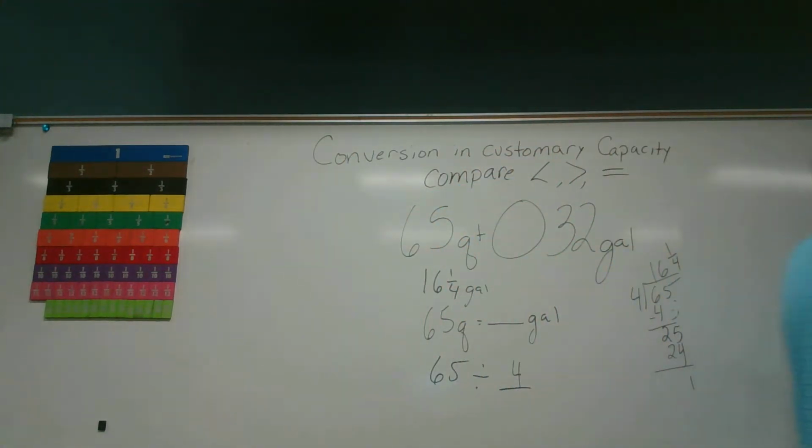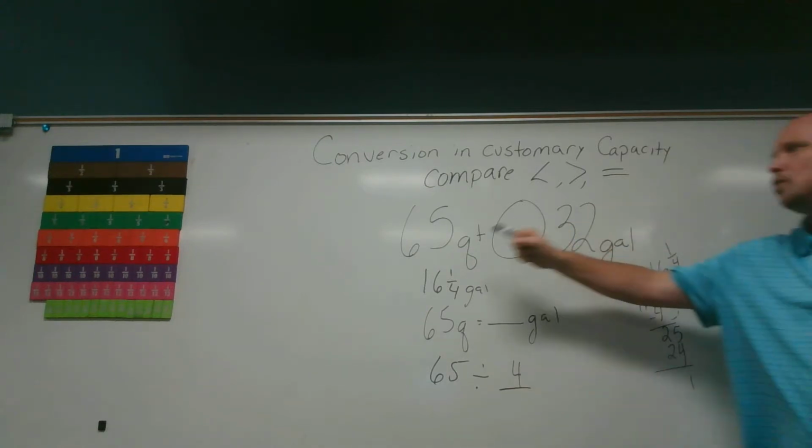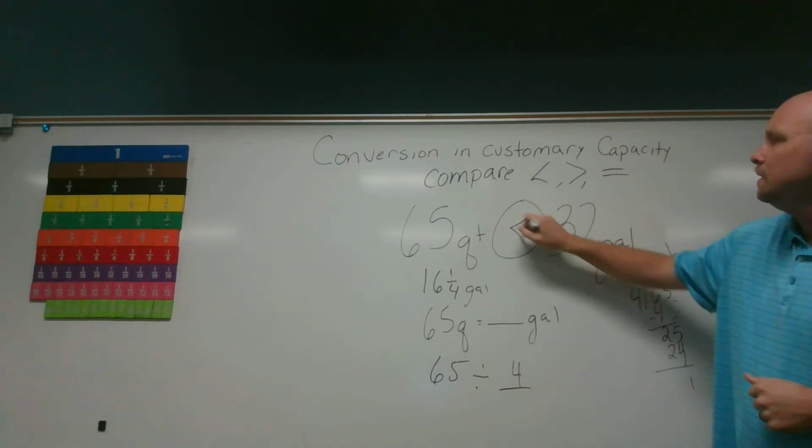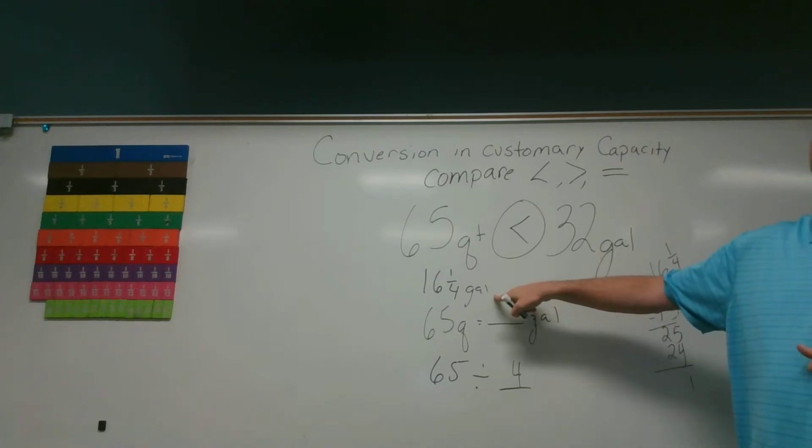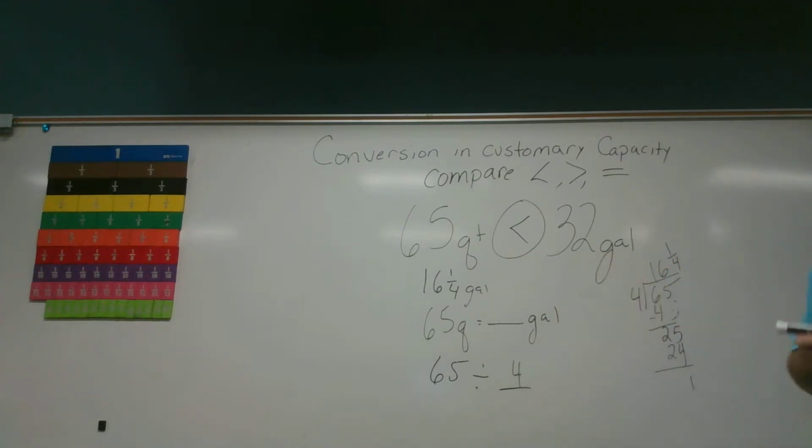So 65 quarts, less than, greater than, or equal to 32 gallons. Ashley. Less than. 65 quarts is less than 32 gallons because 65 quarts equals 16 and 1/4 gallons.